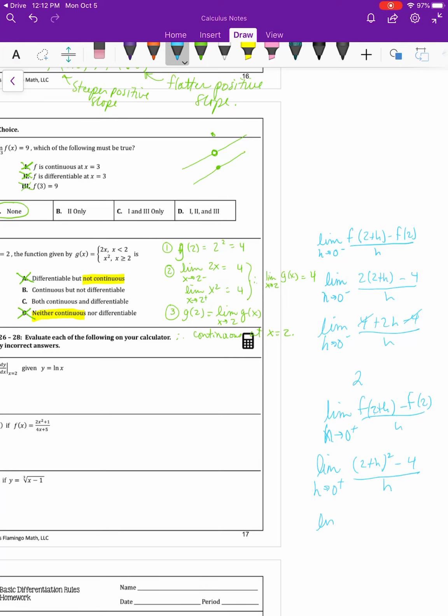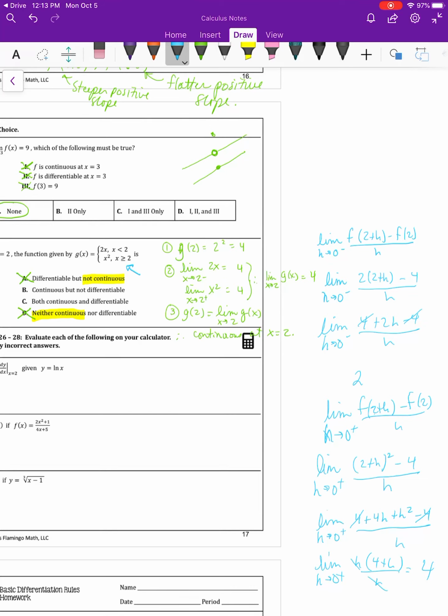And you have to go to where the equal sign is on the function up here to find your f of 2 every single time. So we've got 4 plus 4h plus h squared minus 4, divided by h. My 4's cancel. I'm going to factor an h out and cancel it. And now when I put in my 0, I get 4.